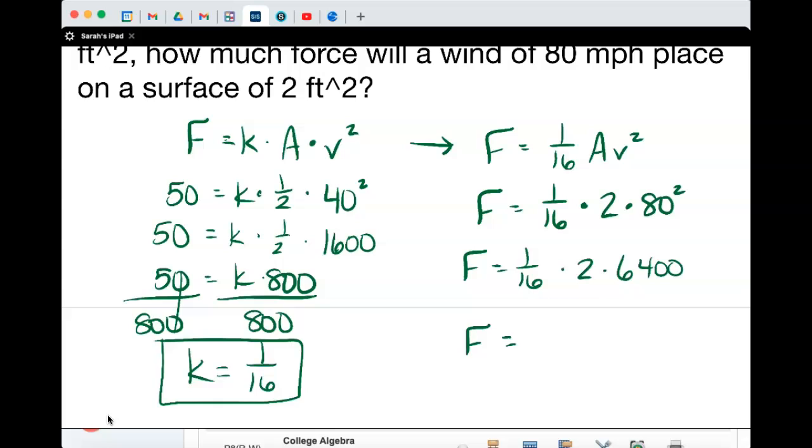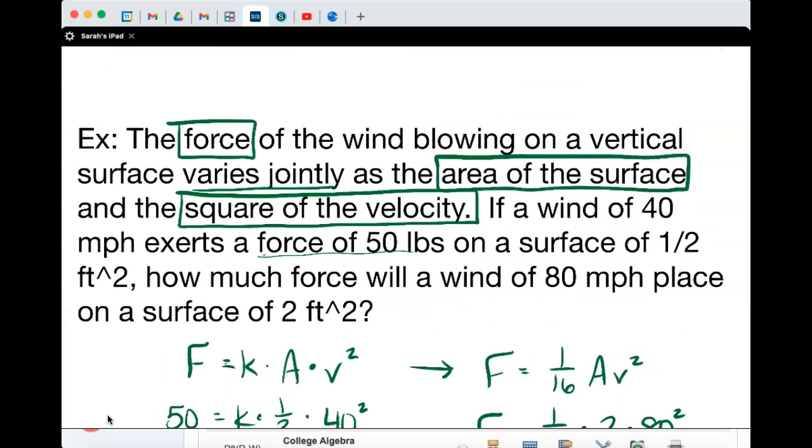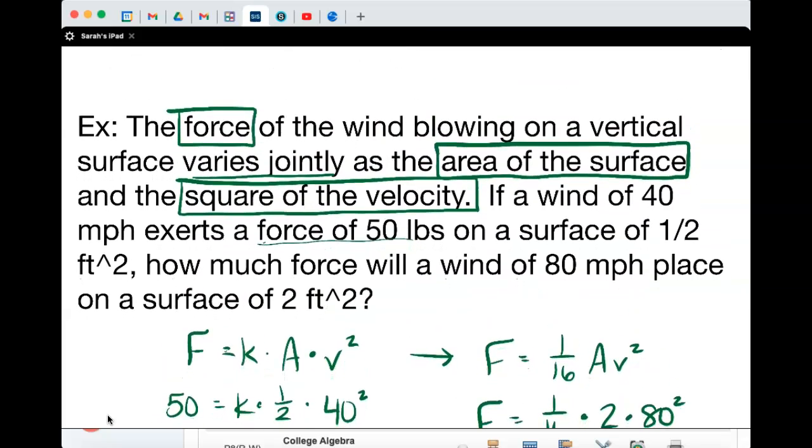So I was thinking that was 400, and then times 2. And do we have a unit for force?